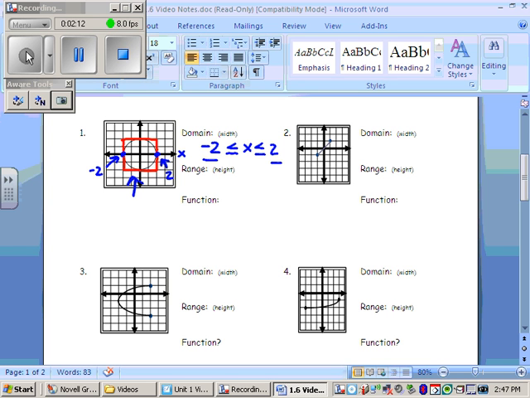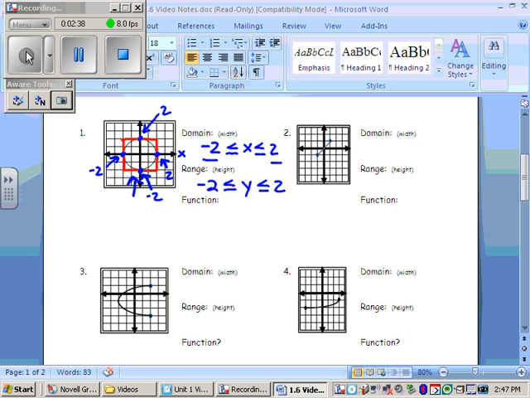For our range, we will focus on the vertical axis, which would be the height of the circle. So the lowest part of the circle would be at -2 on the y-axis, and the highest part would be at +2. So it will look very similar to the domain, except we will use a y rather than an x to show our range.